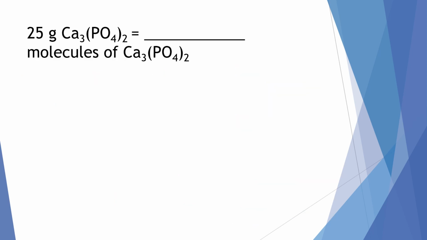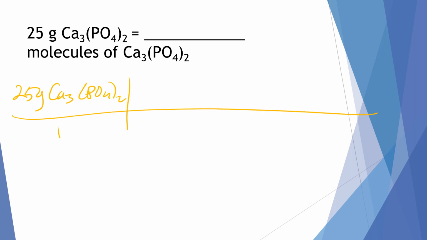25 grams of calcium phosphate converting into molecules of calcium phosphate. So 25 grams of Ca3(PO4)2. I'm not going to use moles, but we're given molecules. So that means you're going to have to use Avogadro's number for this.